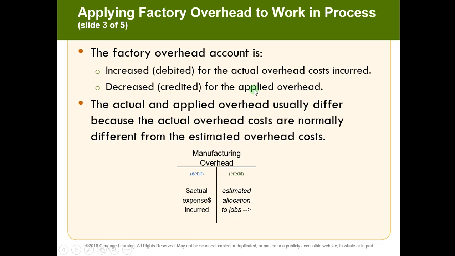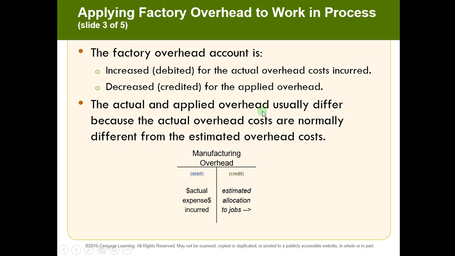When I estimate the overhead based on that predetermined overhead rate and allocate it to the jobs, I'm going to credit it. So I will take these expenses, allocate them to a job, credit my manufacturing overhead, and remember it gets debited to work in process.